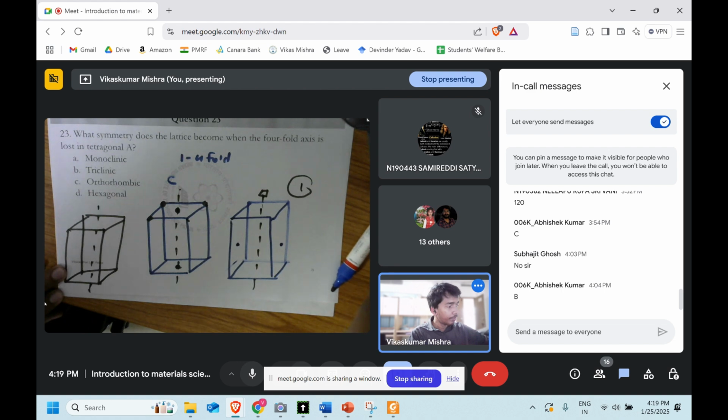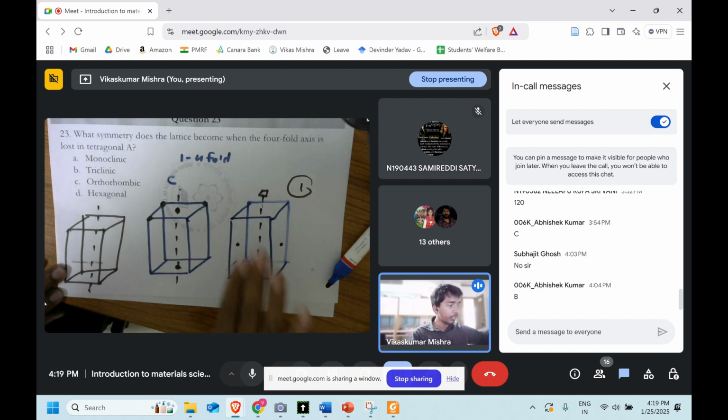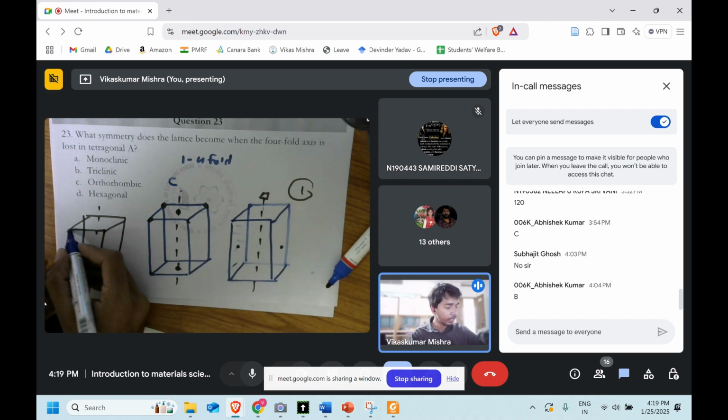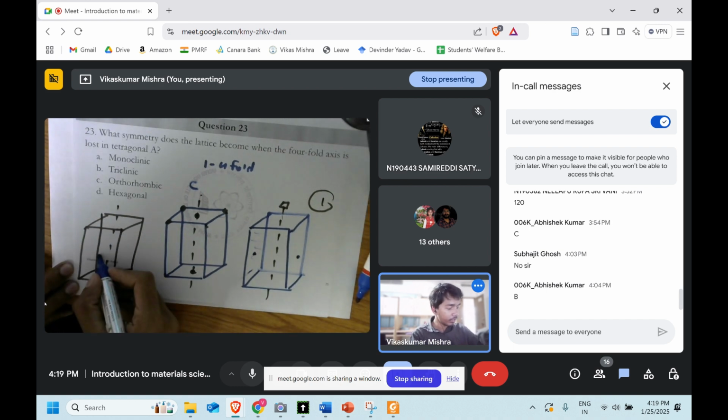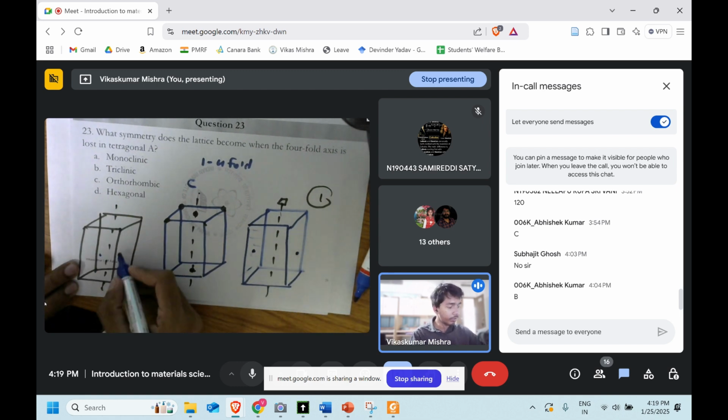Now I am rotating by 90 degrees, so the side face atom will come to the front face, and this one will go to the back.